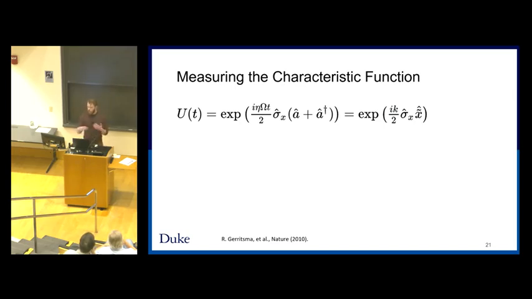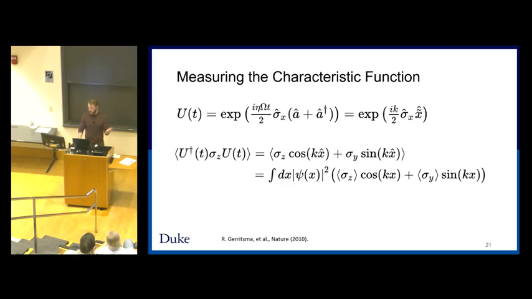You just do another spin-dependent push after the simulation on that extra ion, and then you measure that extra ion, and you get the characteristic function split into two separate parts, one associated with the sigma z basis and another associated with the sigma y basis. In two separate measurement experiments, you put those together and you get the full characteristic function, or just the Fourier transform of the spatial distribution of the ion.